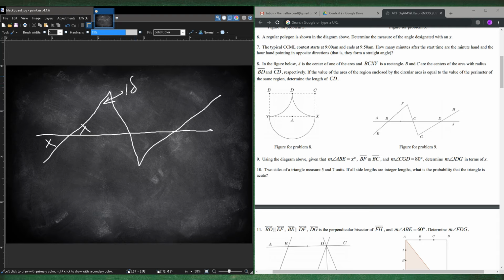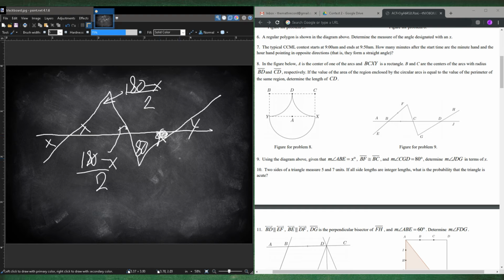This thing is 180 minus x divided by 2, and this thing is also 180 minus x divided by 2. And they say CGD is 80 degrees, so over here is 80 degrees. Determine the length of JDH. So we need to find this number over here. We'll call it Y. Technically, what we need to do is just find this angle right here.